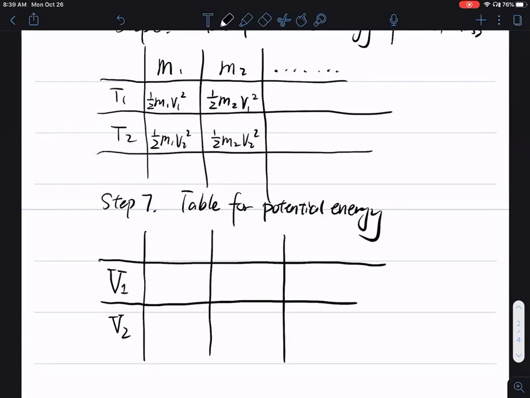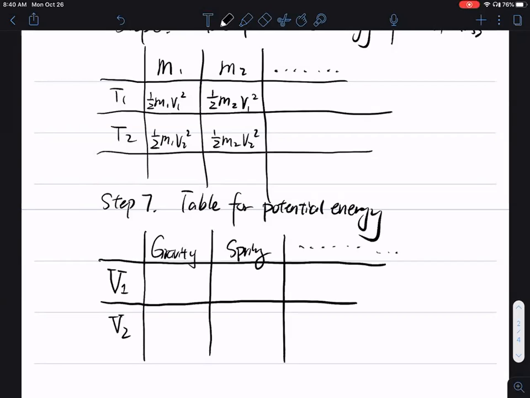The first row is going to be the different types of potential energy. We have talked about 2 different types, gravitational potential energy and spring potential energy. So you're going to list those. The first one is going to be gravity potential energy and spring. If we have other potential energies, you're going to list all of them.